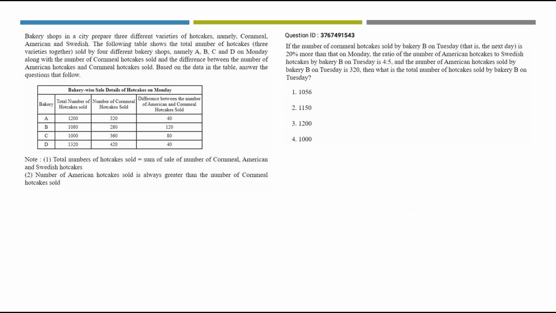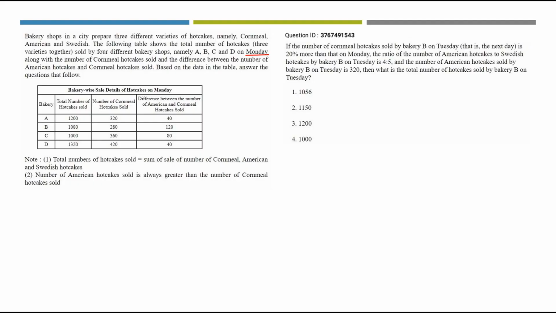Next question. If the number of cornmeal hotcakes sold by bakery B on Tuesday, that is the next day, whatever data they have given in this particular question is with respect to Monday. Now they are asking about Tuesday. The cornmeal hotcakes sold by bakery B on Tuesday is 20% more than that on Monday.